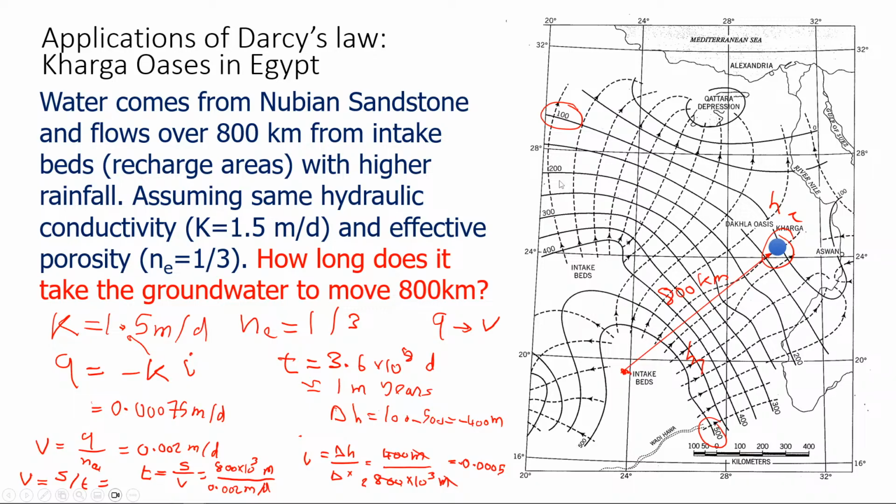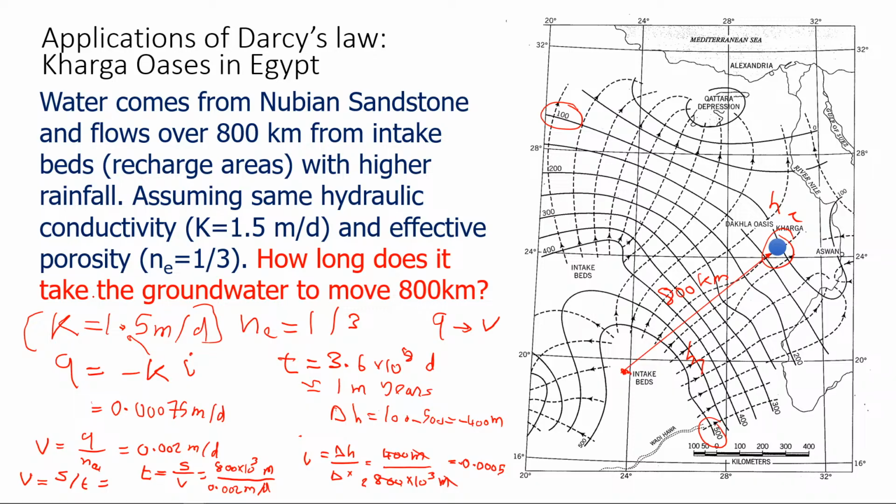Now you can just do this back-of-the-envelope calculation. If somebody challenged you on how to do this, just go on the internet, grab any research paper about the Nubian aquifer system. You'll find some hydraulic conductivity values. This is basically what I did here. I did a Google search, or a search on Web of Science, and found papers related to this Nubian aquifer system.